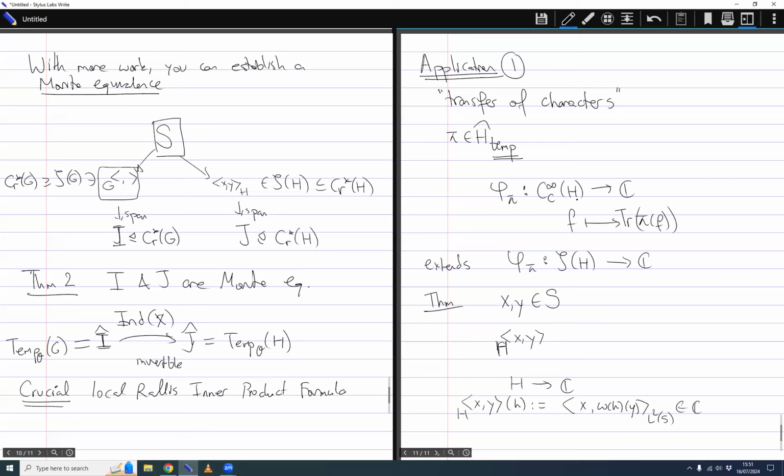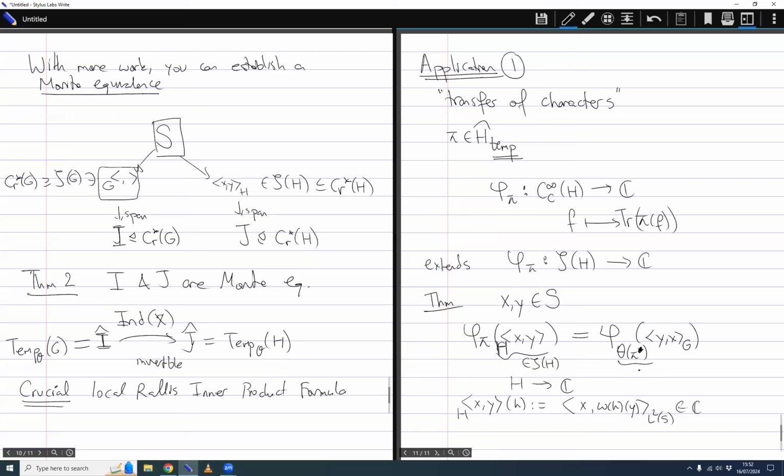So I take this Schwartz function, which belongs to the Schwartz algebra of H, and if I take the distributional character of that, the result is that it is going to be the same as the distributional character of the theta lift of pi, or pi star, or actually you can get rid of the contragredient, of y, x, g.